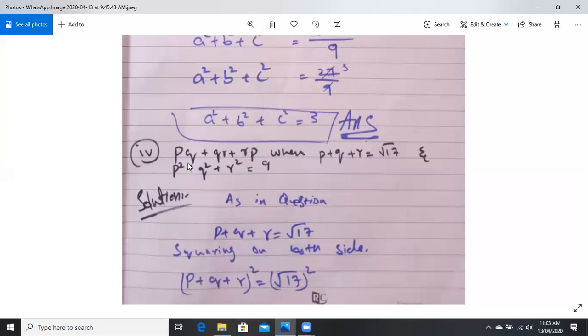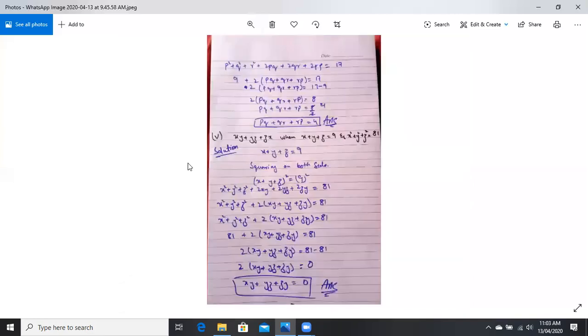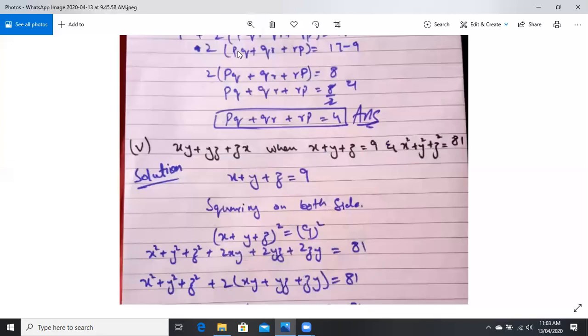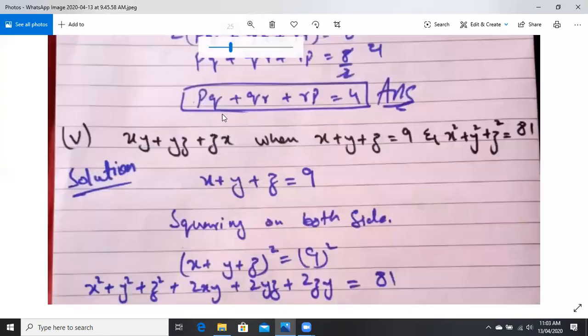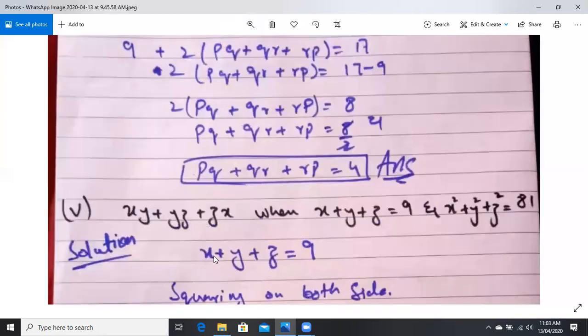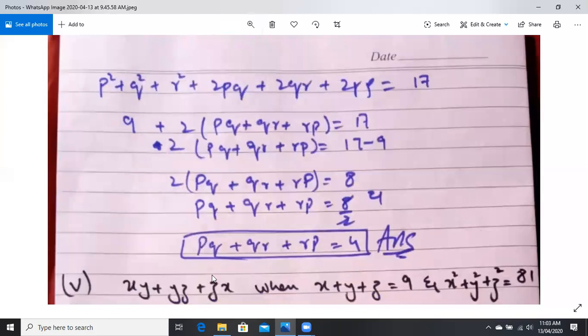As given in the question, P plus Q plus R equal to square root of 17, so squaring on both sides. After taking square, the square root of 17 cancels with the square, and now we have p square plus q square plus r square plus 2pq plus 2qr plus 2rp equal to 17.